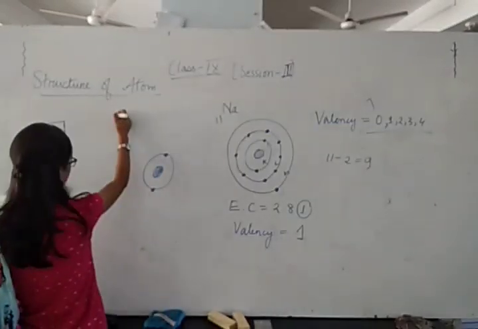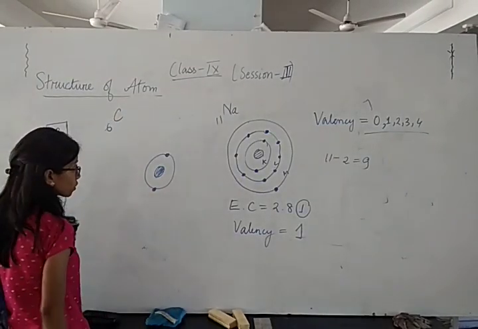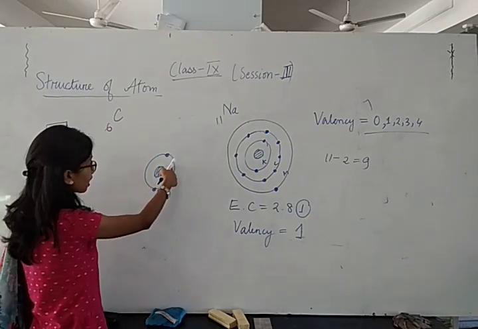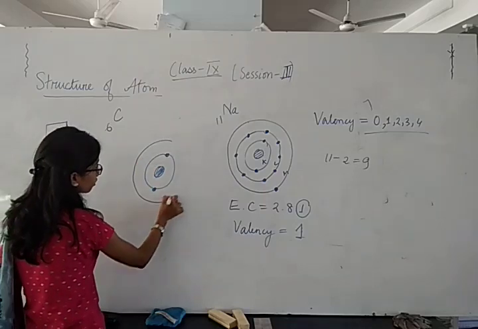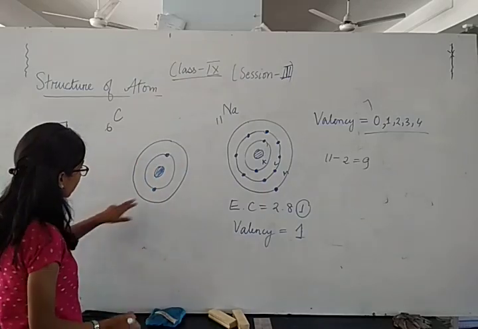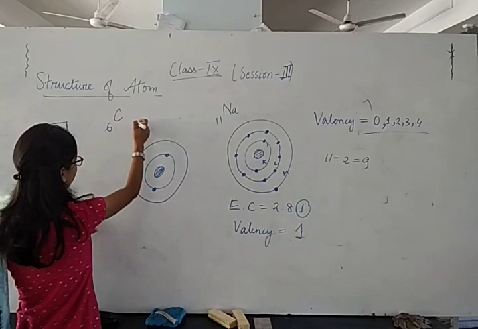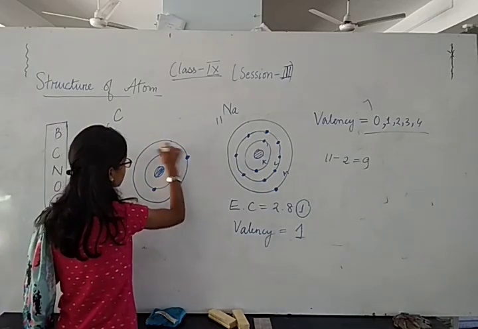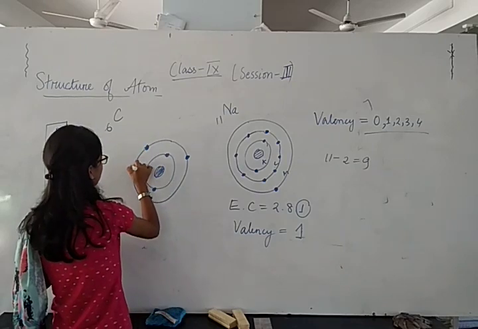Now you see, for carbon the atomic number is equal to 6. So see, I have used the earlier structure. Therefore, 2 electrons are already present in the K cell. What will be the remaining number of electrons? The 4 remaining electrons will be present in the outermost cell.